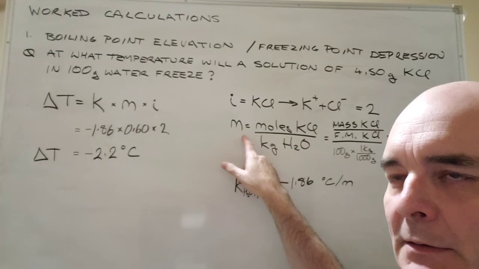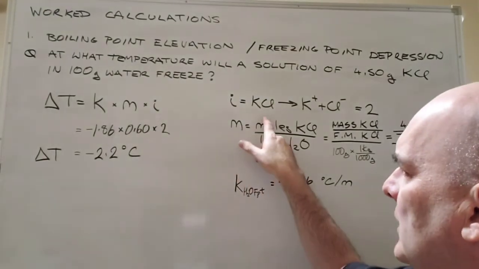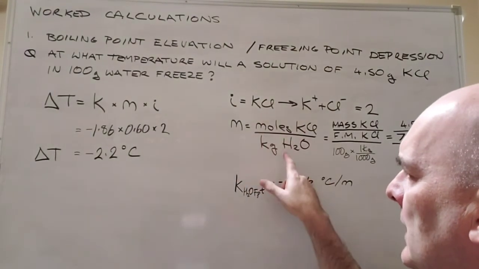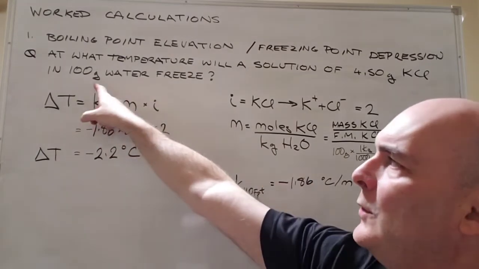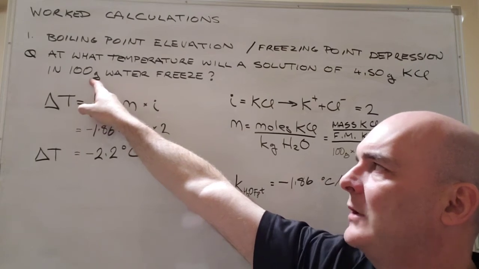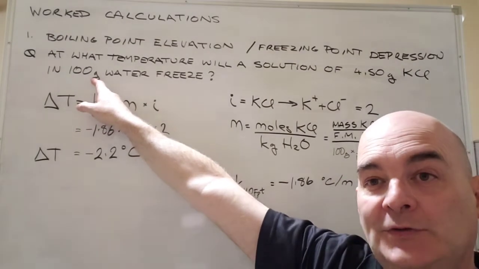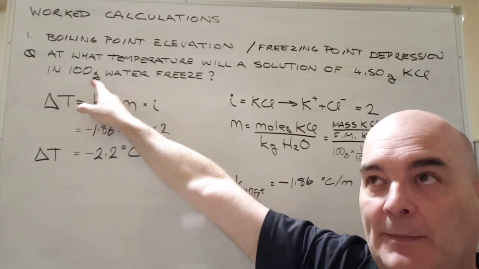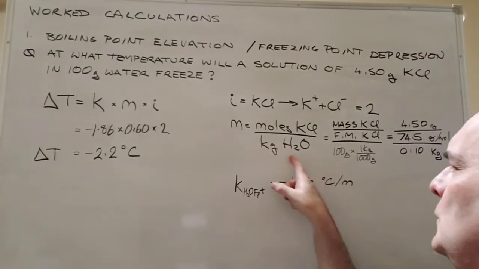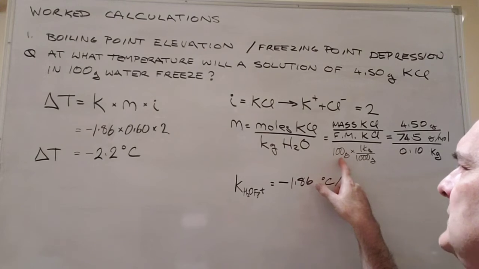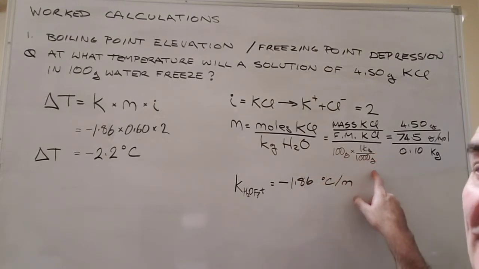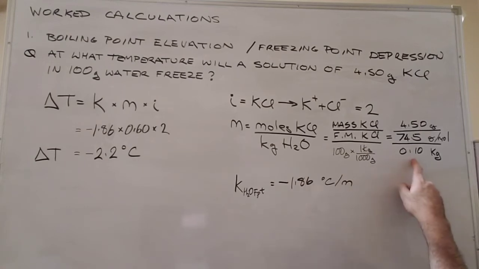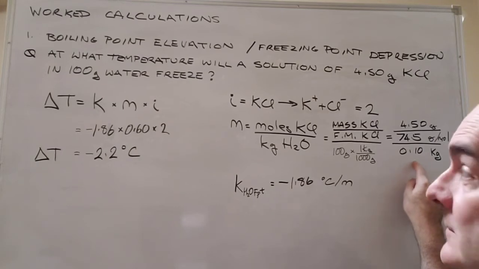Not molarity, molality, which is the moles of solute per kilogram of solvent. And we know that there are 100 grams of solvent and that there are 1,000 grams in a kilogram. So the kilograms of water is the 100 grams that we have times 1 kilogram divided by 1,000 grams, which gives me 0.1 kilograms going into the bottom line of my calculation.